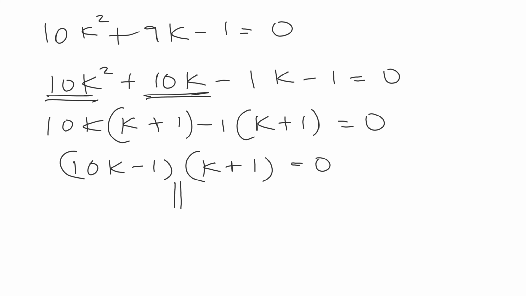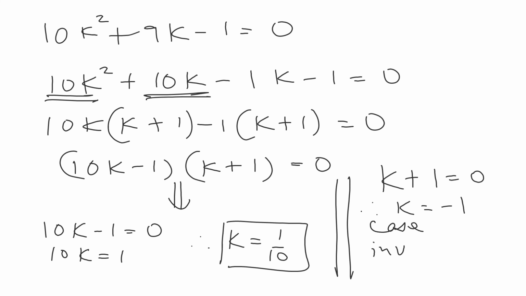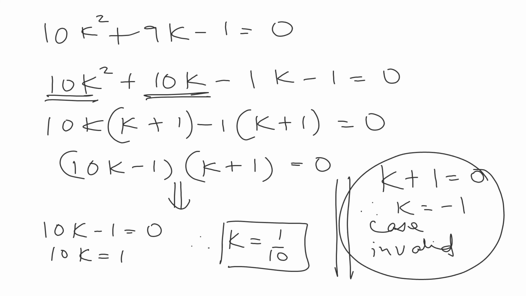So this gives me 10k minus 1 is equal to 0. 10k is equal to 1. Therefore, k is equal to 1 by 10. Okay, and one more case, k plus 1 is equal to 0. Therefore, k is equal to minus 1. But then k cannot be minus 1 because all the probabilities will be negative then. So this case is invalid. So our final answer for the first sub question is k is equal to 1 by 10.